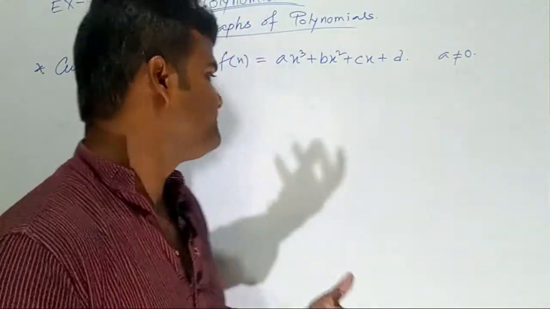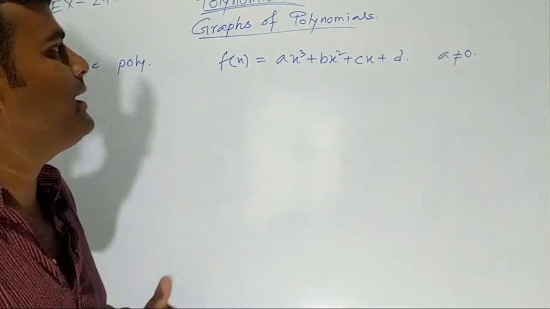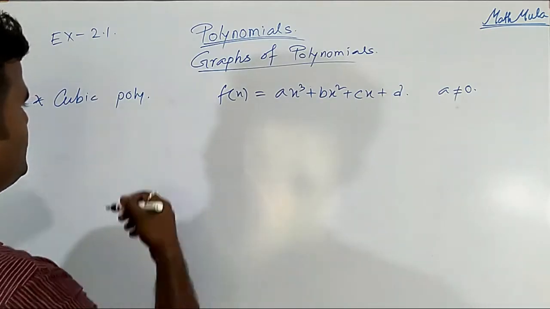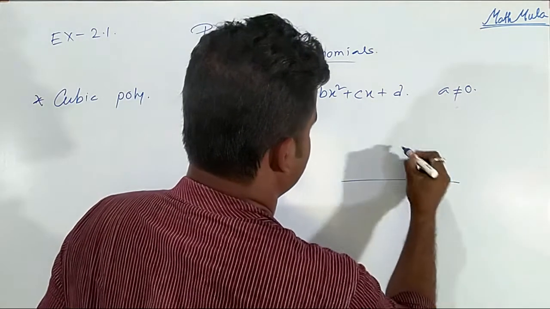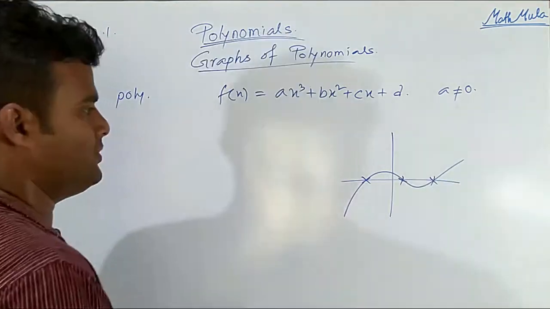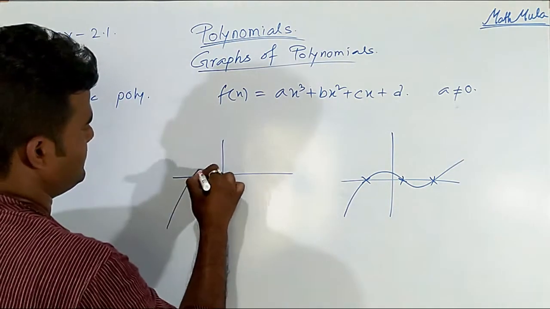Now for a cubic polynomial, the polynomial is f of x equals ax cube plus bx square plus cx plus d, where a is not equal to 0. And the curve of a cubic polynomial will be like this. There are 3 zeros for the cubic polynomial, or it may be like this.